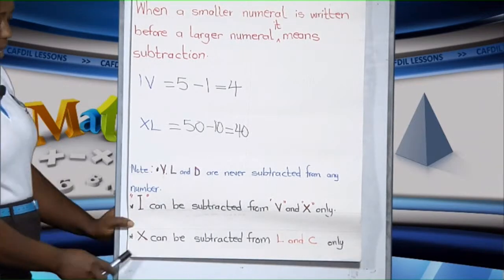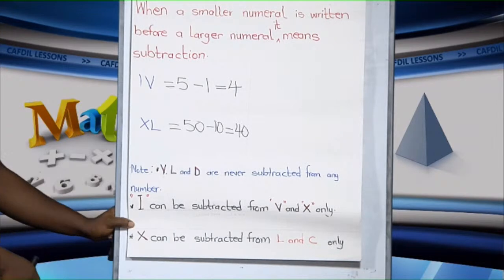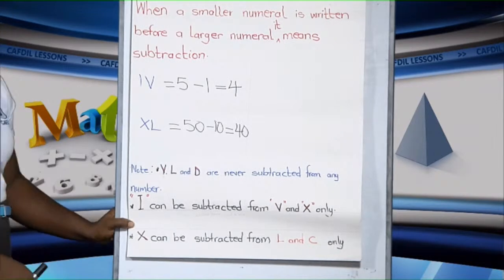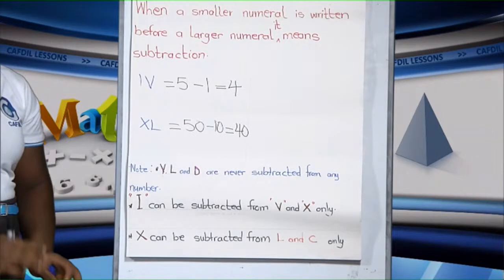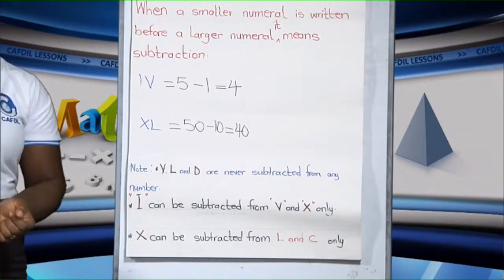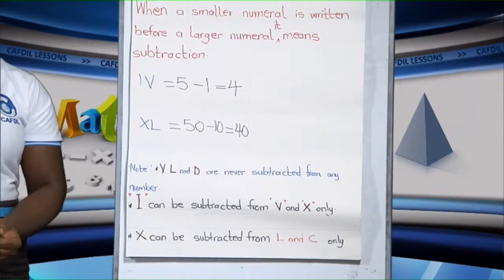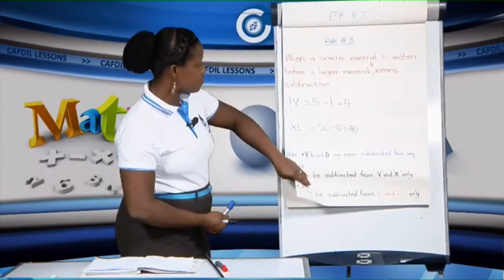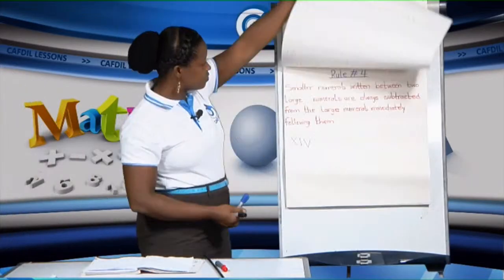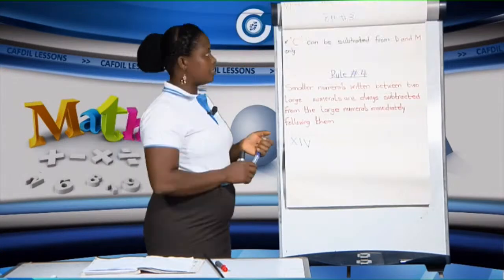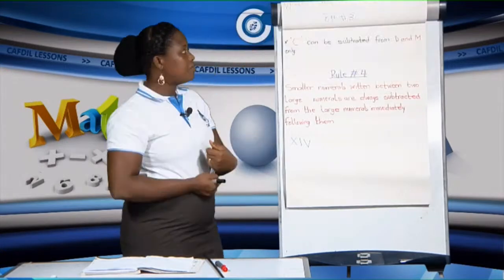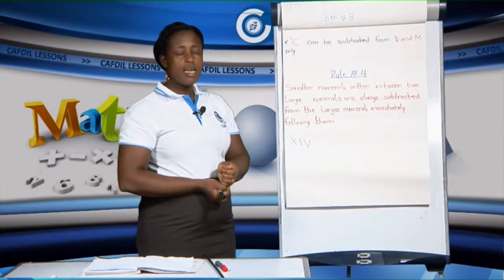Let's look at the next one. X can be subtracted from L and C only. Please take notes. And the last exception, C can be subtracted from D and M only.